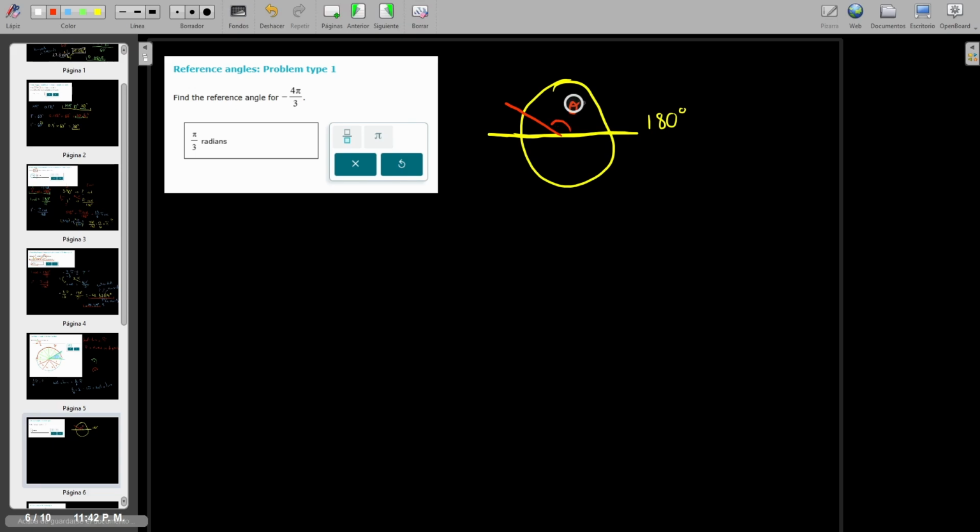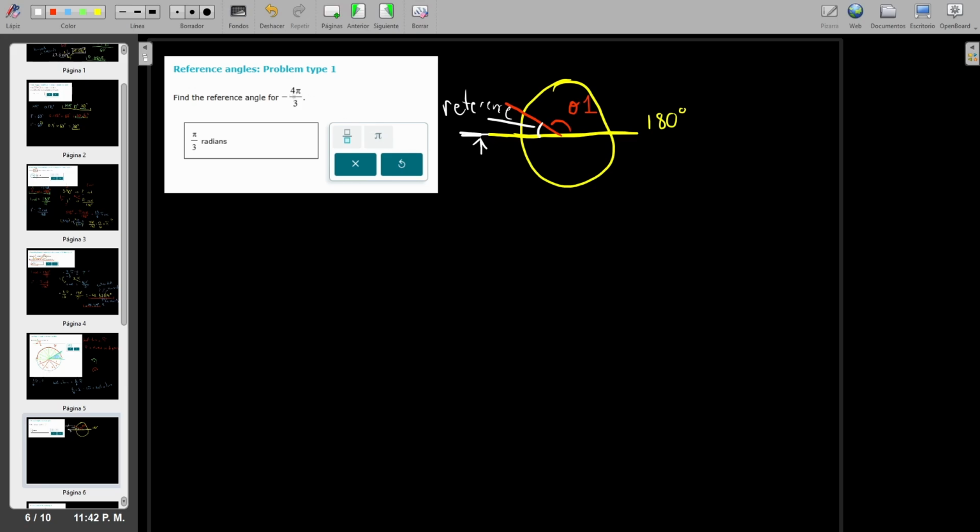I'm going to put the symbol here. This is our angle number 1. The reference angle is going to be the nearest or the smallest angle in order to reach this line. So this angle, this one is the reference.